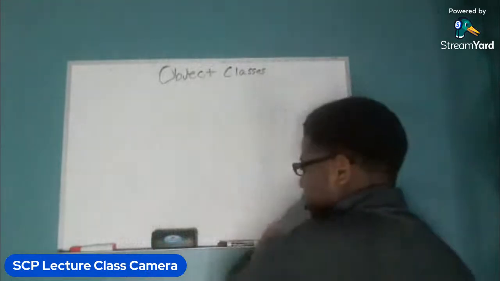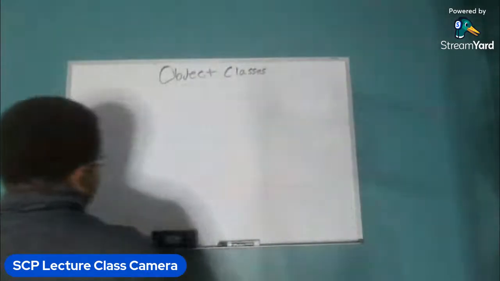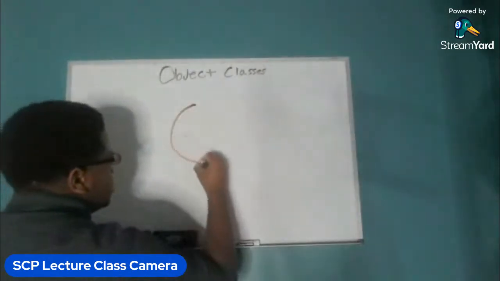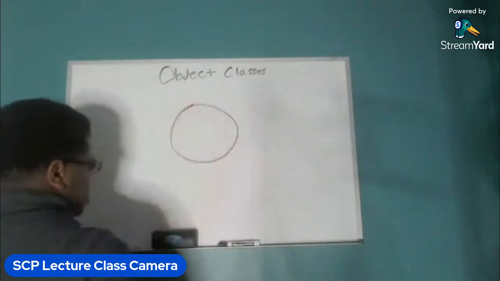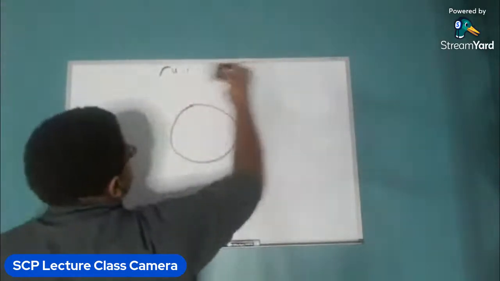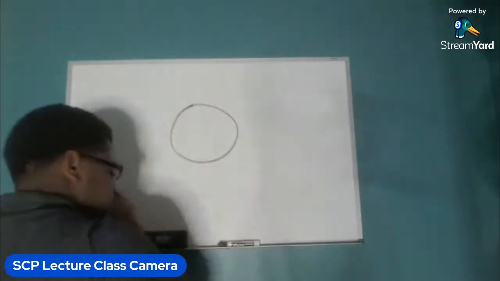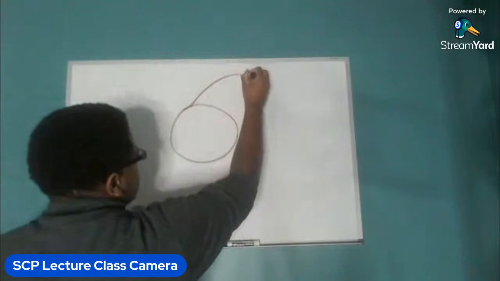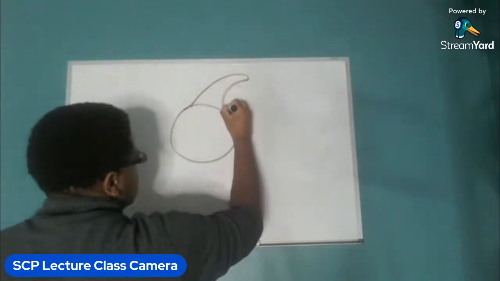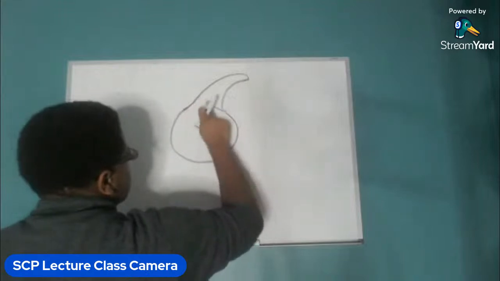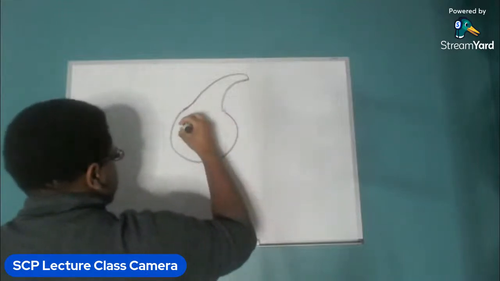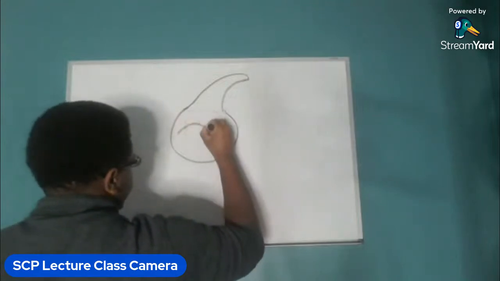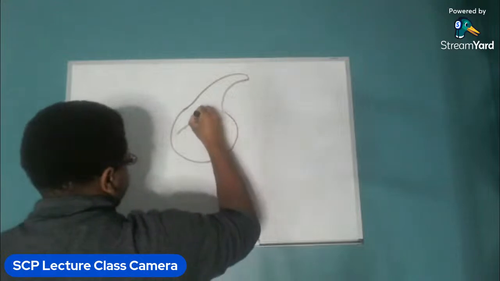So, safe class, say for example, let me draw this circle. Let me erase this real quick. So I'm going to draw this because I'm using an actual SCP in the files to help better explain some of this stuff.